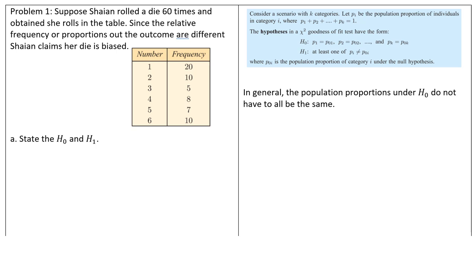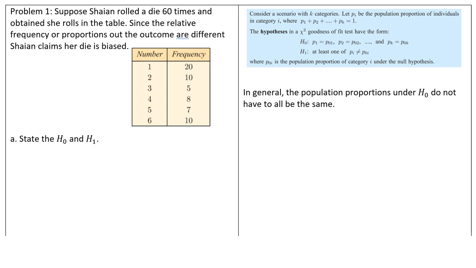Over here, it lets us know how to write a null and alternative hypothesis for this type of test. So for our chi-square test, our null hypothesis would be P1 equals the probability of getting a 1 on the die, P2 would be the probability of rolling a 2 on the die, and so on and so on. The alternative hypothesis is written as at least one of those probabilities is not true.